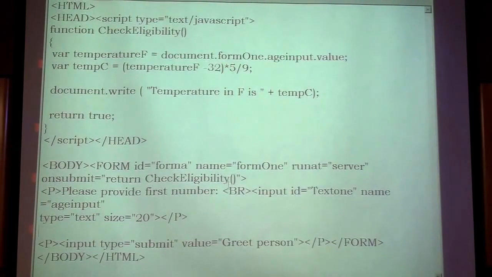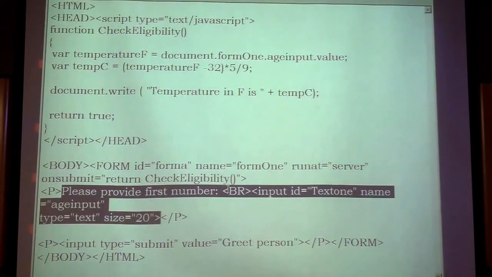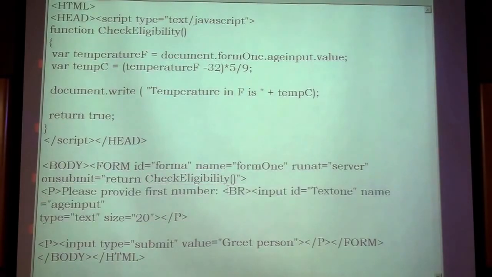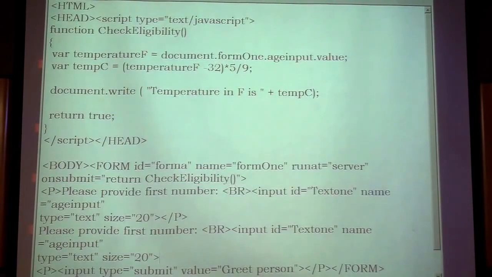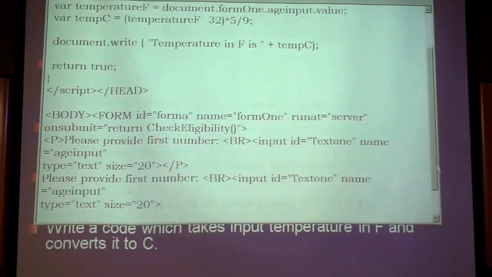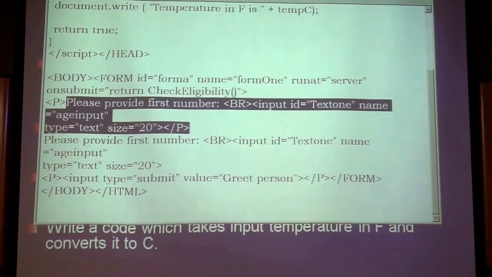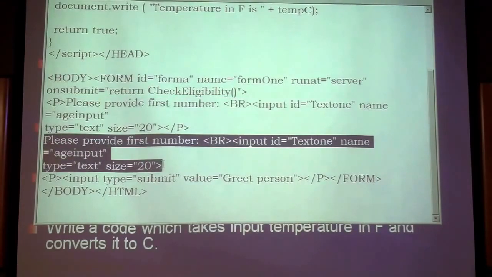I can simply copy and paste the first text field and paste it here. So now I have two text fields. Let me modify here. This is my first text field, which starts here and ends here, and this is my second text field.